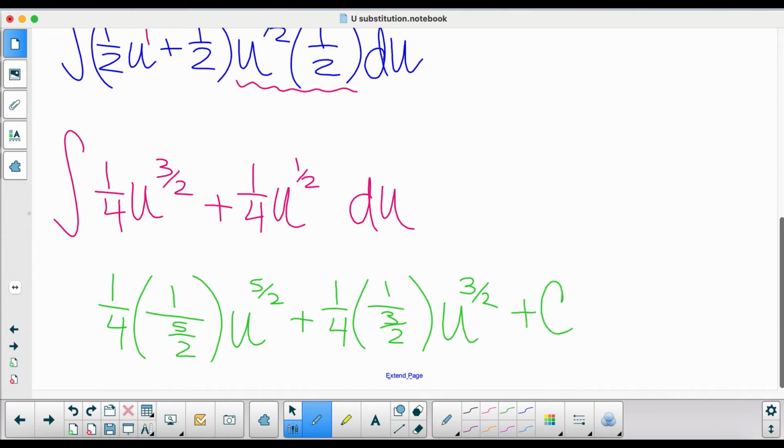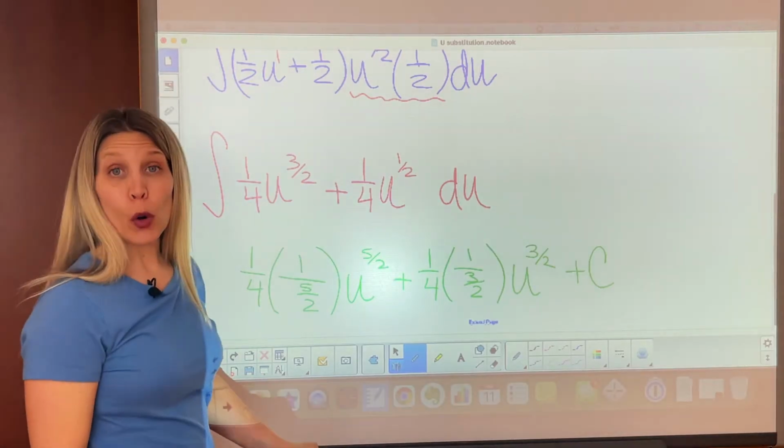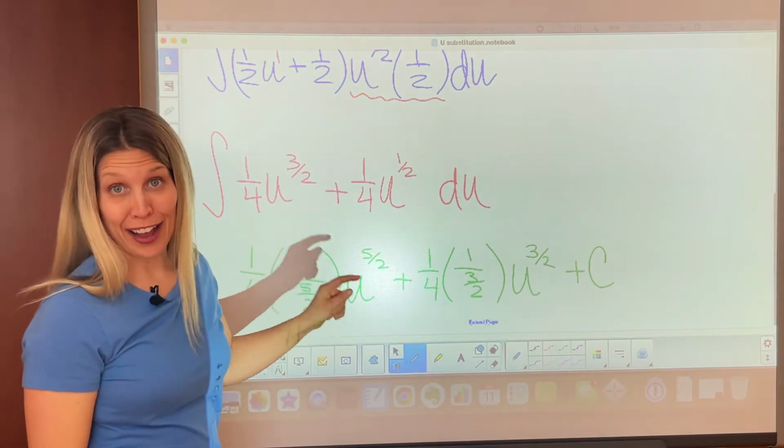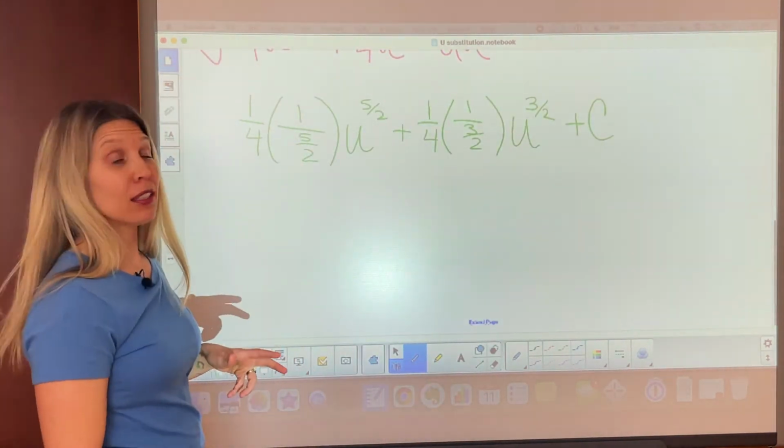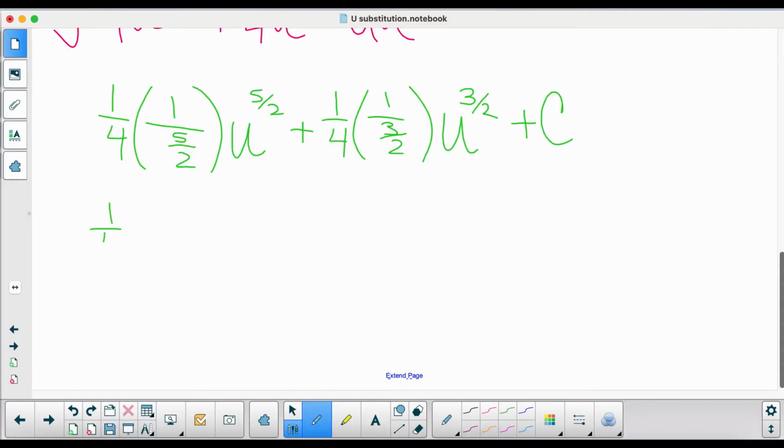Plus c. When you don't have bounds and you integrate, you have to remember your plus c. Now let's clean this up. This is 1/4. This fraction is going to flip, 2/5, u to the 5/2, plus 1/4.